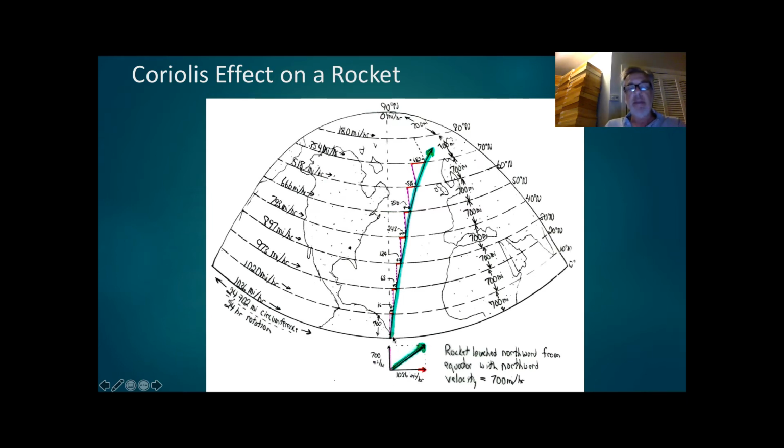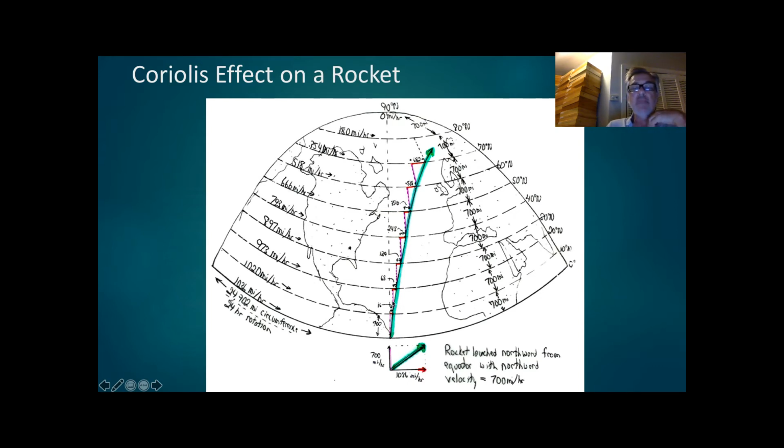And so if you think about it, as the rocket travels north, the Earth under it is getting slower. Look, by the time the rocket reaches 10 degrees north latitude, the speed of the surface of the Earth is only 973 miles an hour, but the rocket still has, by Newton's first law, a speed of 1,036 miles per hour.